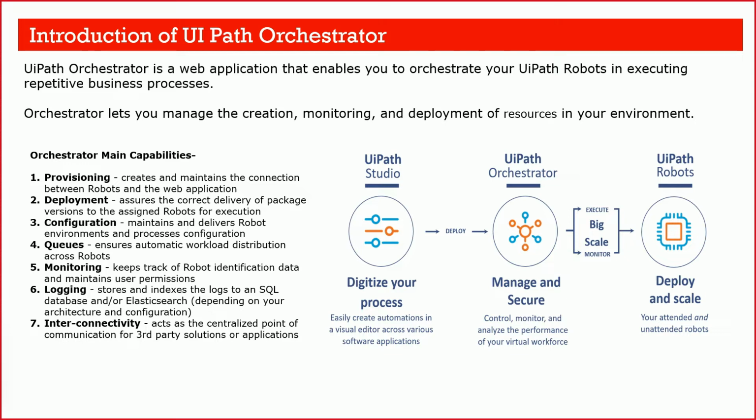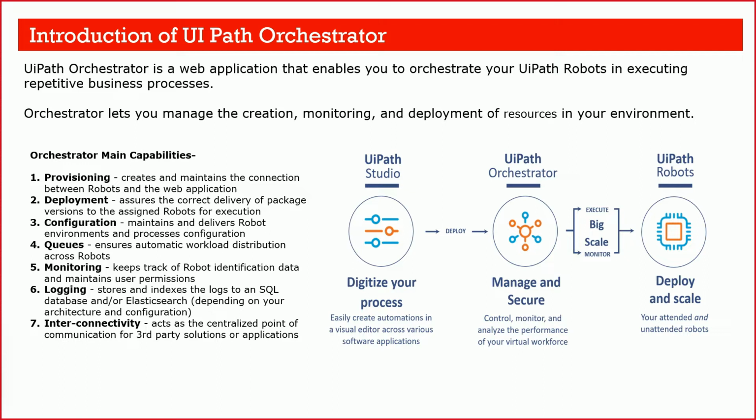If you need to create a report, you can say, look, my automation has completed so many hours in production. So you can give details about the KPIs and the performance of your bot using the UiPath Orchestrator. And then there is a third component called UiPath Robot, which is the actual executor, the worker who runs your automation, right?